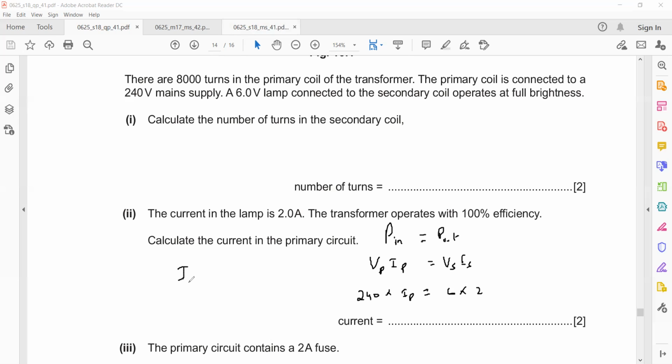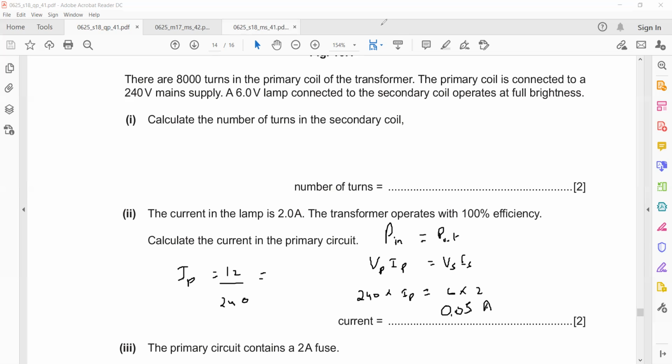It will be 6 multiplied by 2, that's 12, and then 240 is multiplied on one side, so on the other side it will be divided. 12 divided by 240, what's the answer? It's 12 divided by 240, not the opposite. Yes, it's 0.05. So 0.05 amperes is the current which will flow through the primary.